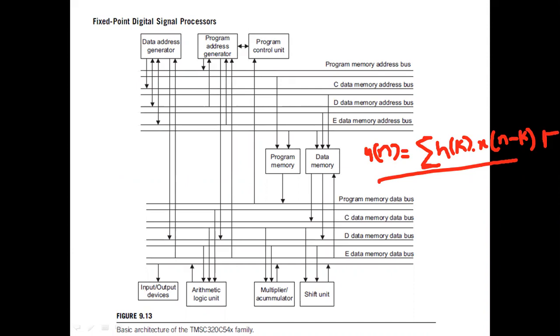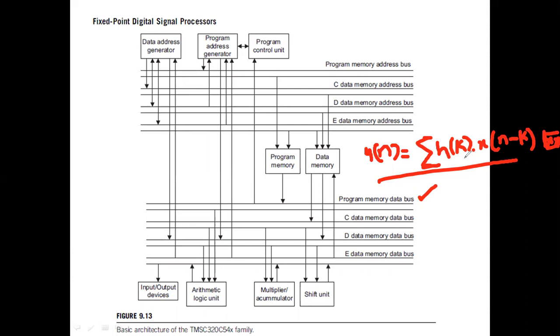An attempt has been made to load that instruction and execute it in a single cycle by having a separate program memory bus. From this program memory bus, the opcode for the entire instruction will be loaded, and then the two operands.